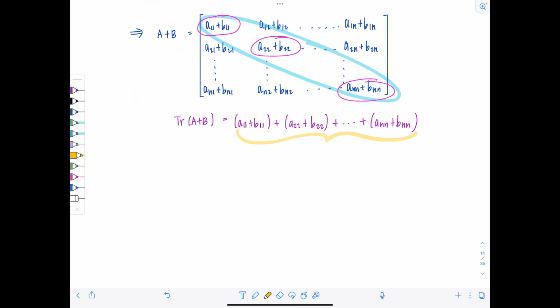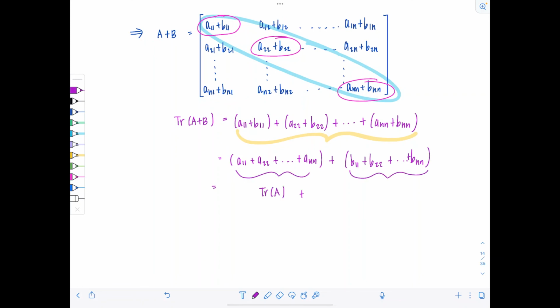That's all it boils down to. And you probably learned this when you were a wee thing. So I can regroup. You can drop all the parentheses and rearrange the terms so that they're in the following form. A11 plus A22 plus A33 all the way up to ANN, plus, and then I'll group B11 plus B22, everything else up to BNN. And then these terms here are precisely the trace of A, and these terms here are the trace of B. So we showed what was asked of us.